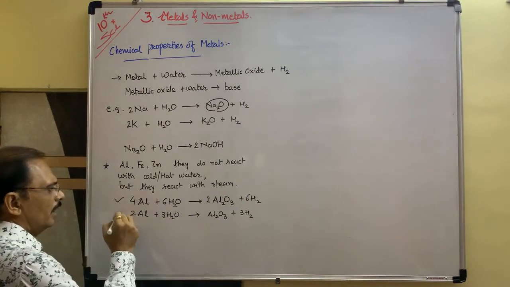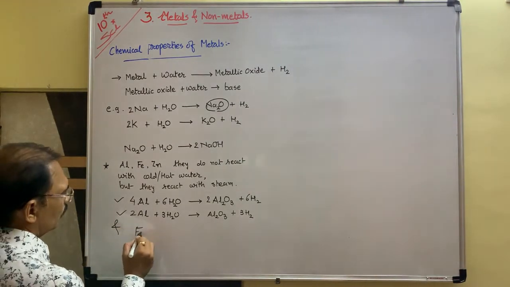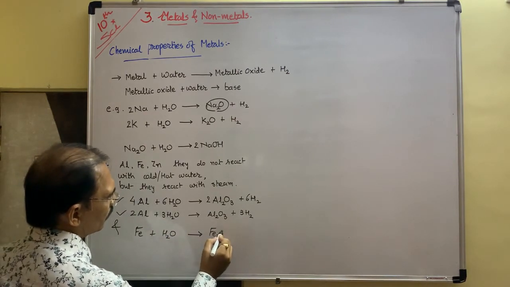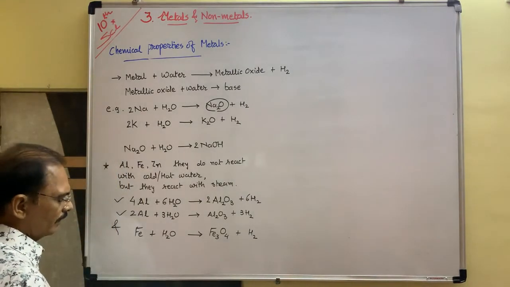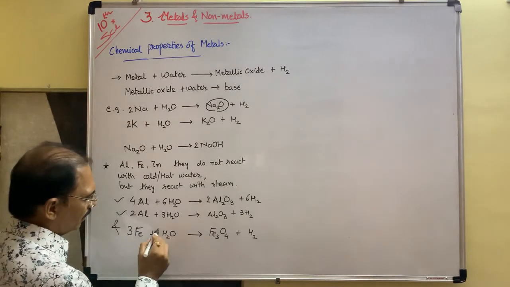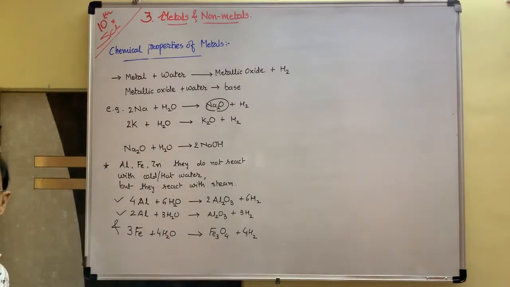Both are right. They are balanced chemical equations. Iron also, when iron reacts with water, forms Fe3O4, ferric oxide, and hydrogen gas is released. Okay, 3 Fe, 4 oxygen, 4 2s are 8, 4 2s are 8. Okay, so these are the exceptional cases.